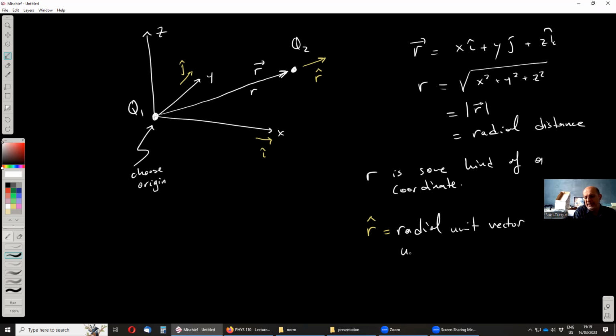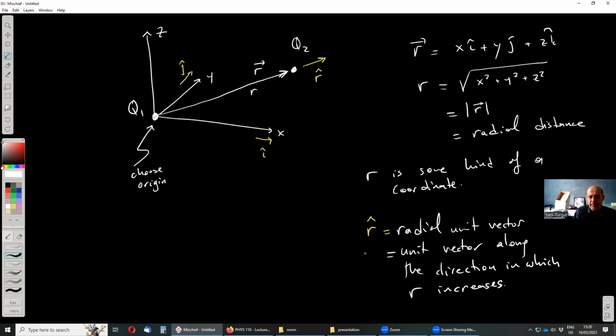That's the unit vector along the direction in which r increases.